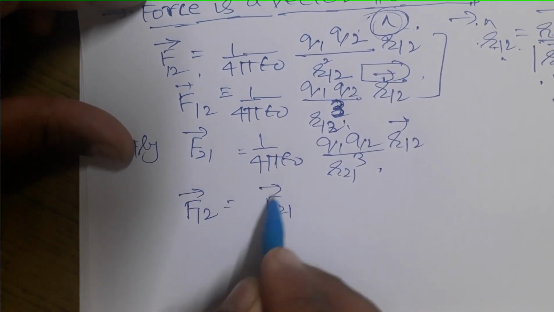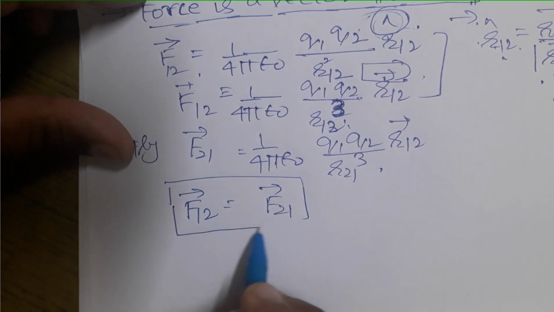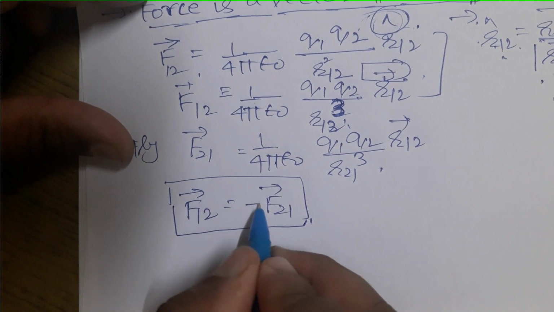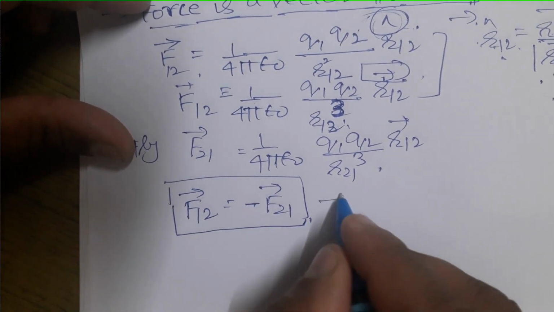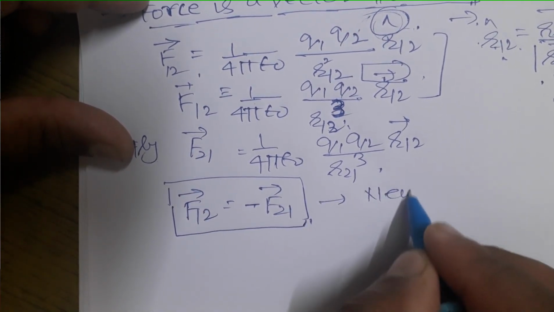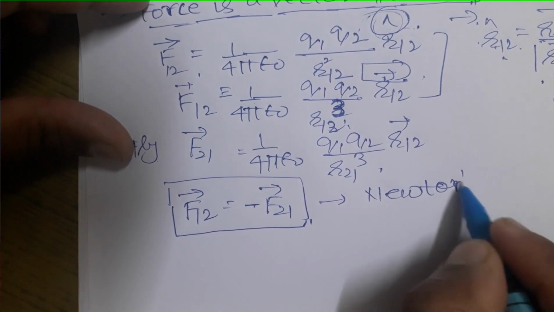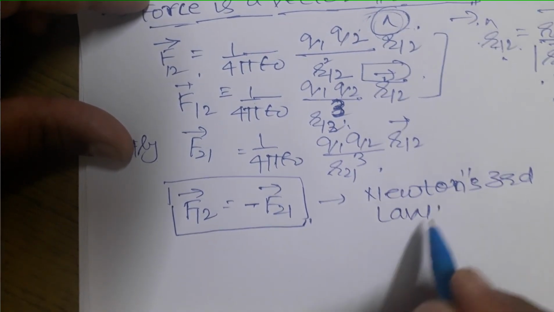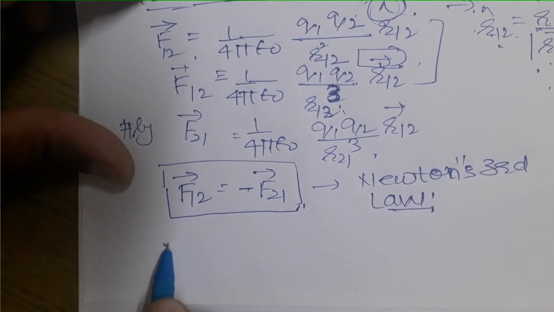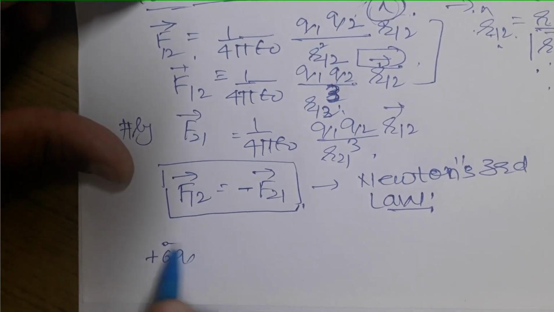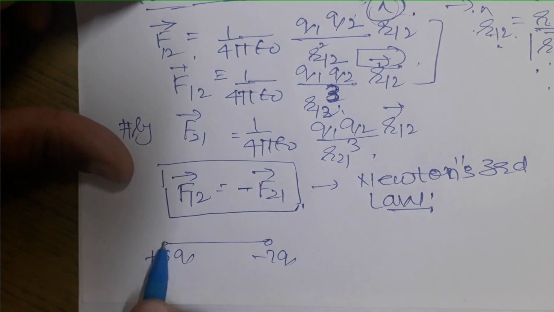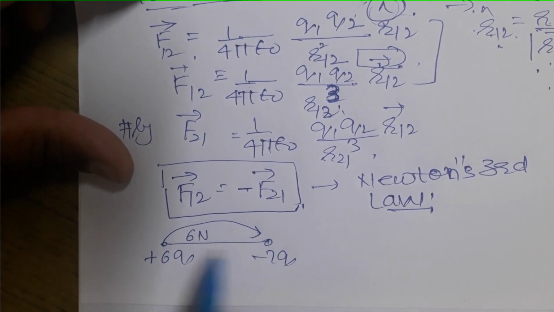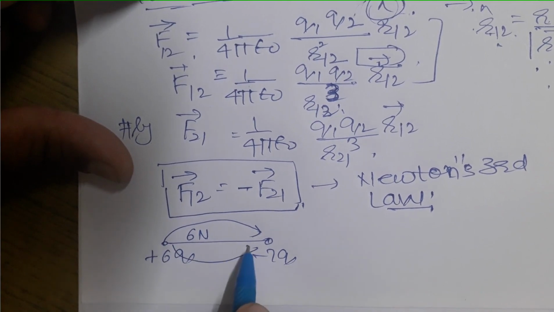Similarly, the force F21 is equal to 1 by 4 pi epsilon naught. Charges remain the same, only the unit vector will change. And always remember that the force F12 is the same as the force F21, only the difference is negative. That is, it obeys Newton's third law.